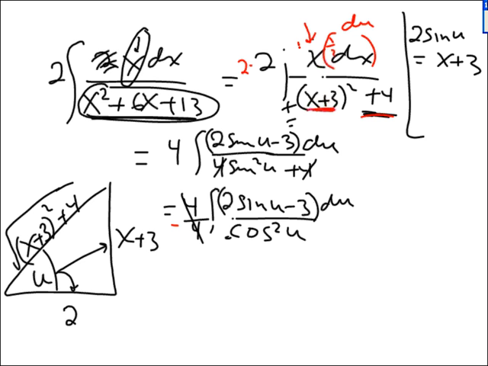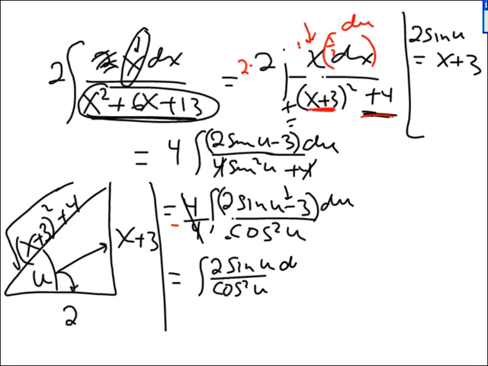So now, let's continue. Since it's a subtraction, it's 2 integrals. It's the integral of 2 sine u over cosine squared u du minus the integral of 3 du over cosine squared u. Okay, we are making progress.